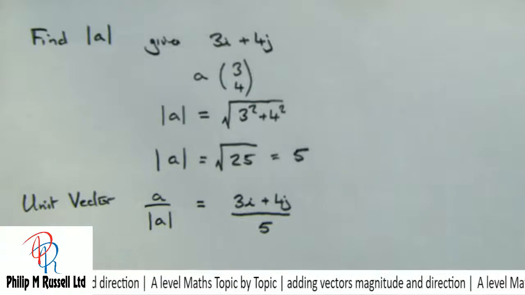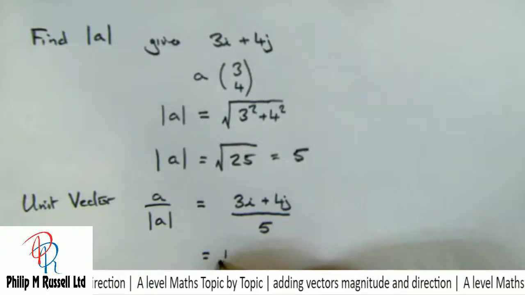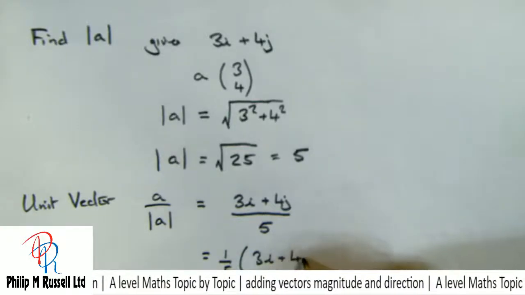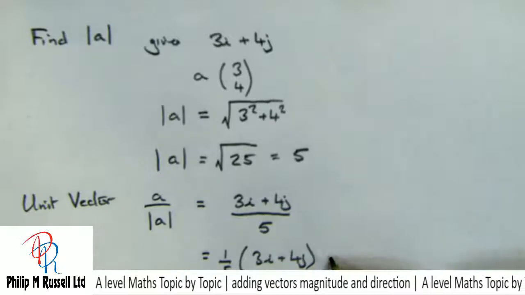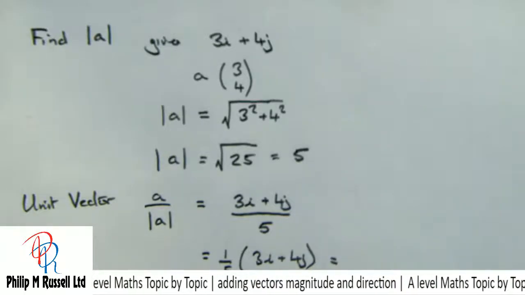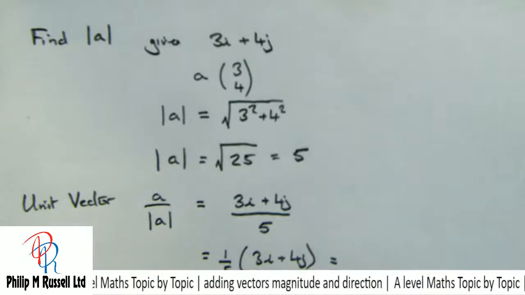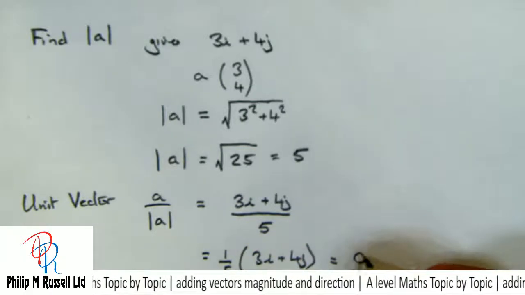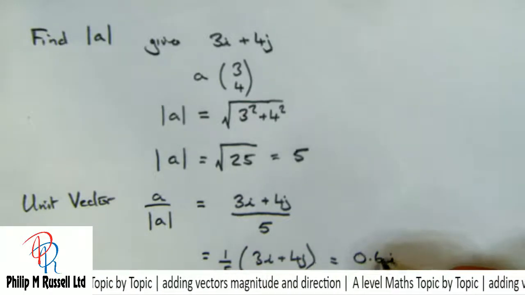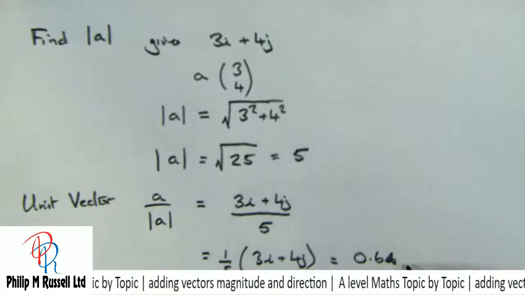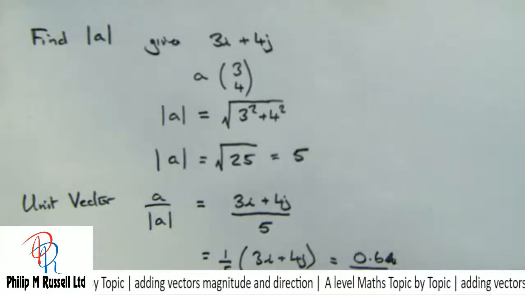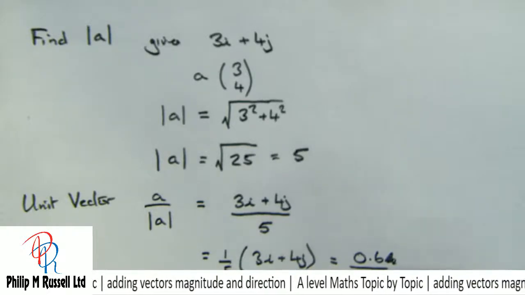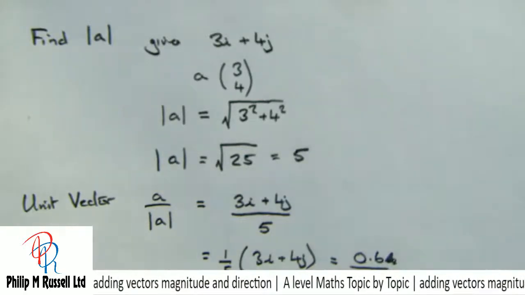That is simply a fifth of 3i plus 4j, and a fifth of that is going to be 3/5, which is 0.6i, and a fifth of that is going to be 4/5, which is 0.8j. And of course I don't want the line, do I?